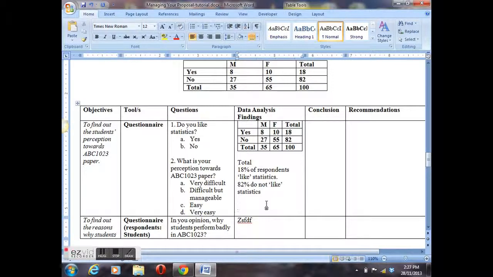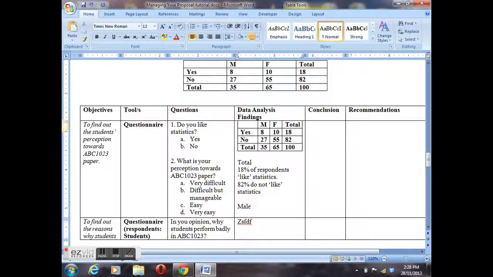For male, you need to use a calculator to calculate. Now the common mistake is we have 100 here. If you want to know the percentage, what is the base number? Is it 35 or 100?